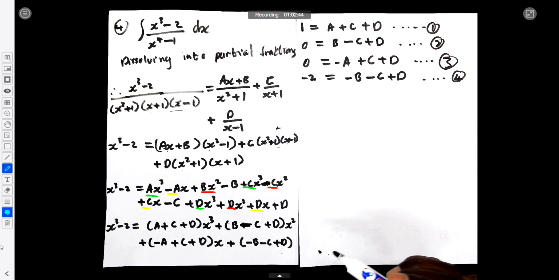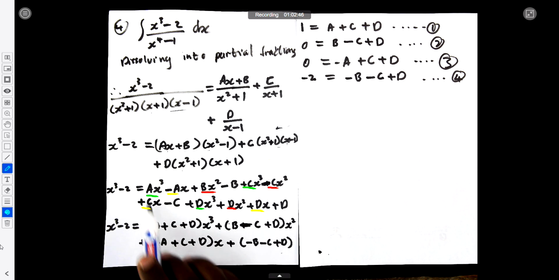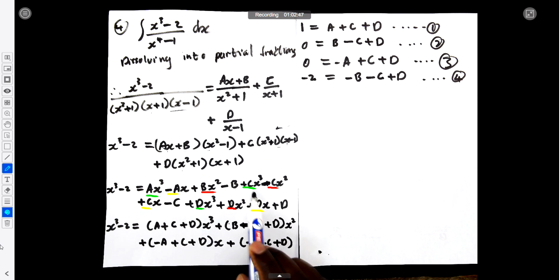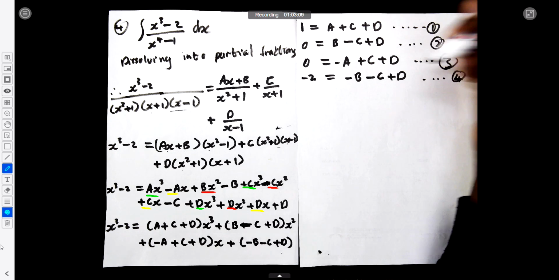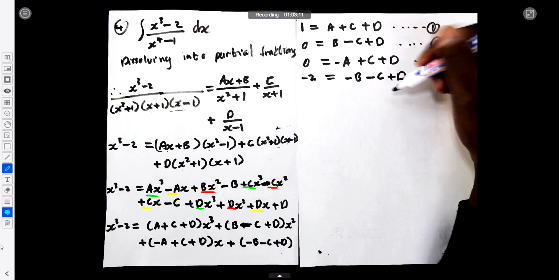So it's fine there. When you take out the coefficients, you have a, c, d. For the x squared it is b, minus c, and d. For the x's, it is minus a plus c plus d. Therefore, constants will be minus b minus c plus d. It's fine, as long as you verify that you still have everything correctly.